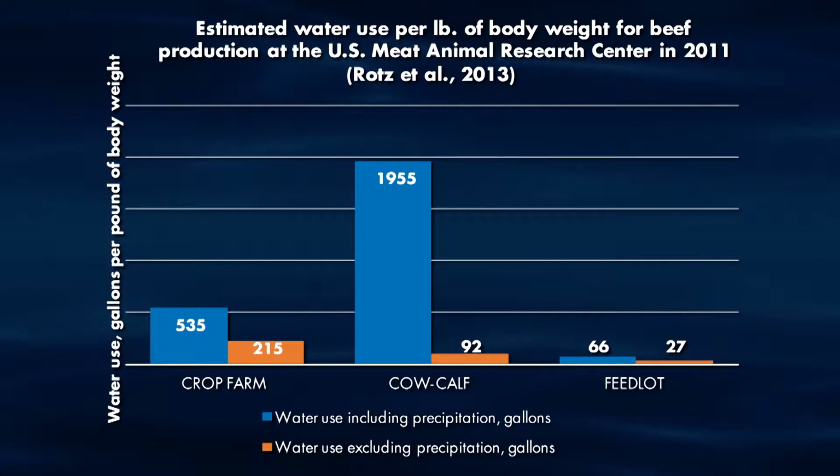For example, when precipitation water was included, the cow-calf operation contributed the greatest proportion of the total water footprint, representing 76%. However, if precipitation water was excluded from the analysis, the crop farm became the largest proportion of the water footprint, accounting for 64% of the total water footprint.